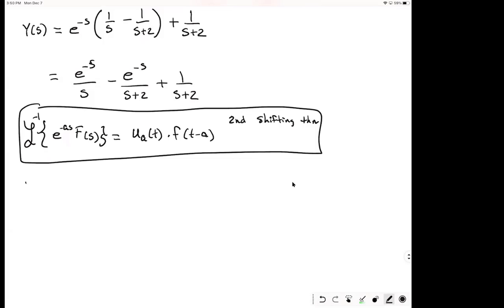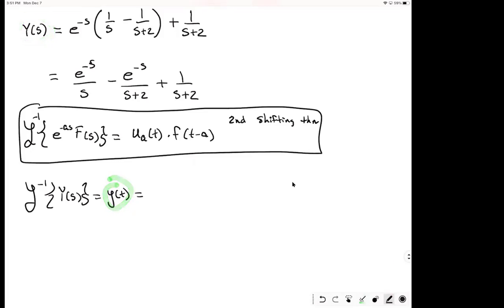So the inverse Laplace transform of Y of s equals lowercase y of t.